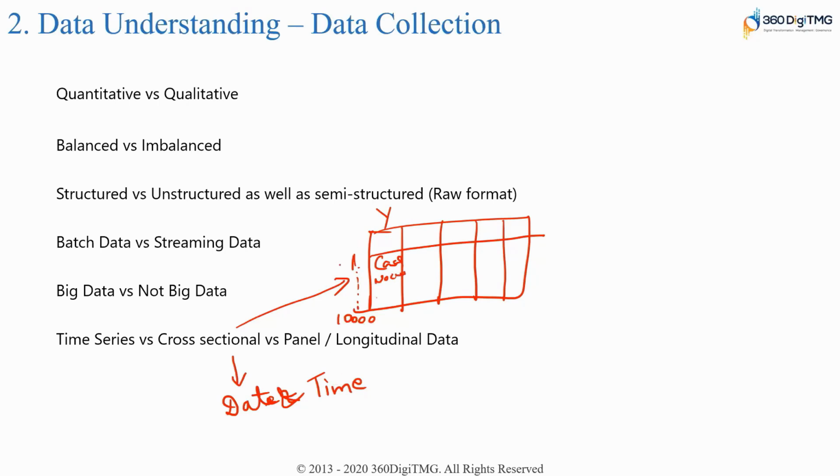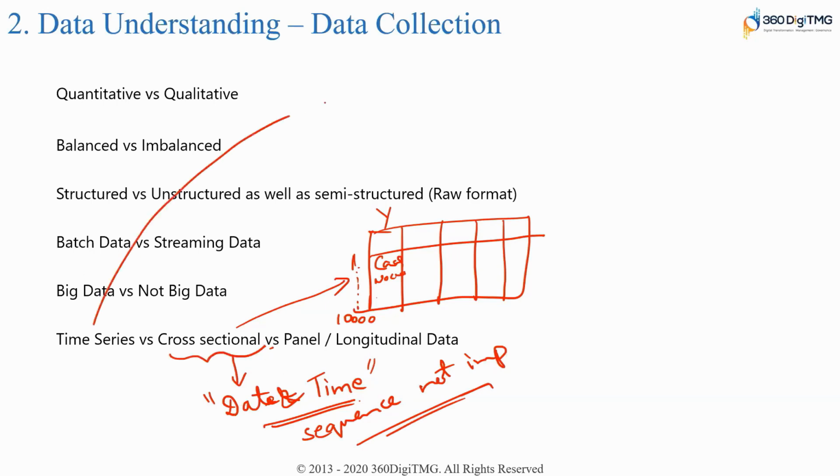Do you think the date and time when the patient enters the hospital is going to determine whether they have cancer or not? Absolutely no. So the data which does not need date and time, or the sequence in which you capture the data is immaterial. Sequence not important. Then it is called cross-sectional data.